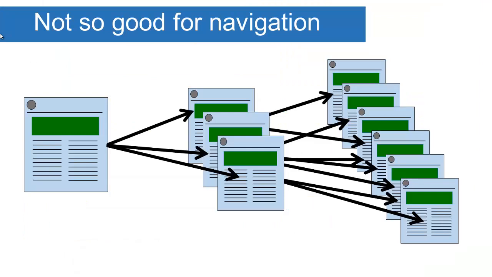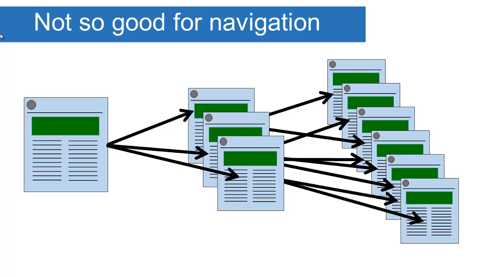Another problem, which I mentioned already, is that dynamic content is not the greatest for navigation, especially if you have to interact with the page to see the next level of navigation. So you might have a site like this where it's basic: one page links to a few, and then they link to a few more.